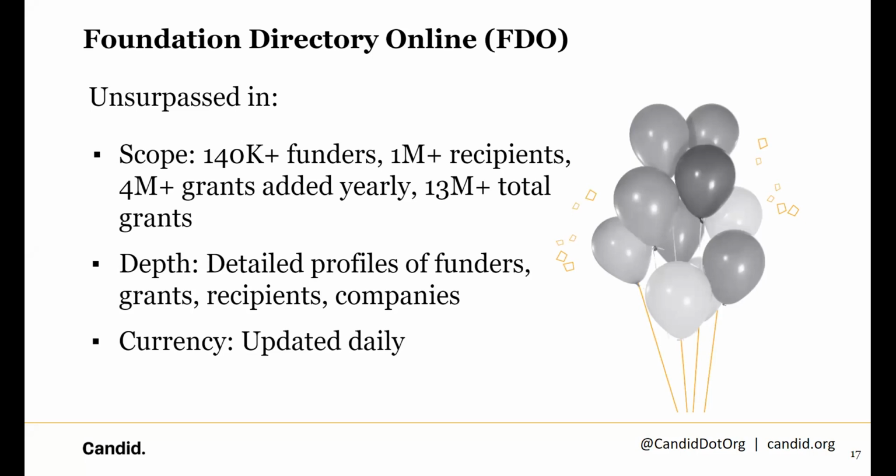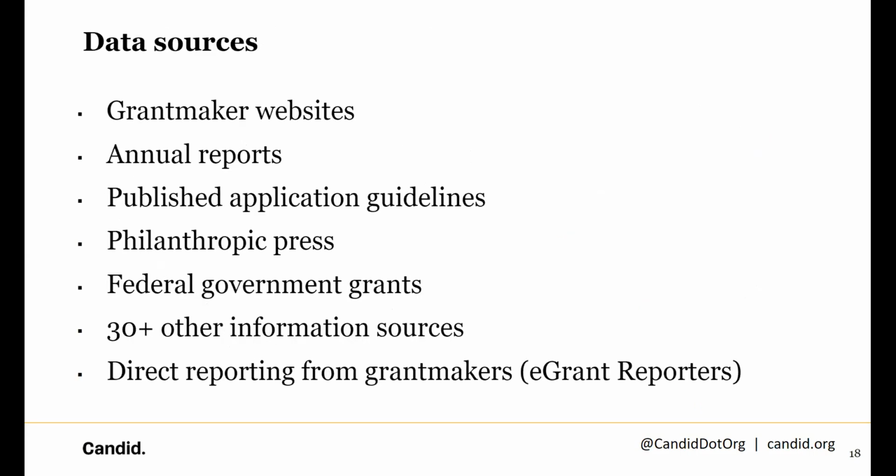Each funder's profile is going to contain information about their past giving, people associated with the organization, etc. And the data in here is updated on a daily basis. A lot of the information that we're getting for Foundation Directory Online is coming from those 990-PFs I mentioned before, but we're also getting a lot of information from grantmaker websites, annual reports, and news articles.